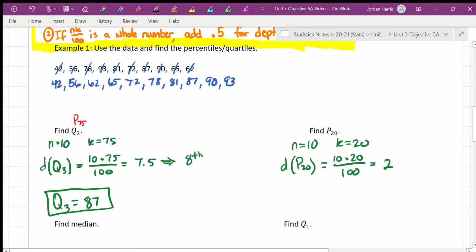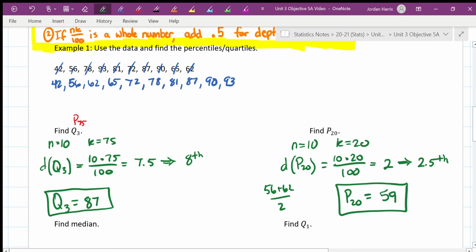If it's a whole number, add 0.5 for depth. So 2.5th term. That is halfway between the second and third term. My second term is 56. My third term is 62. So I add them up, divide by 2, and I get 59. That is my 20th percentile for this data set.